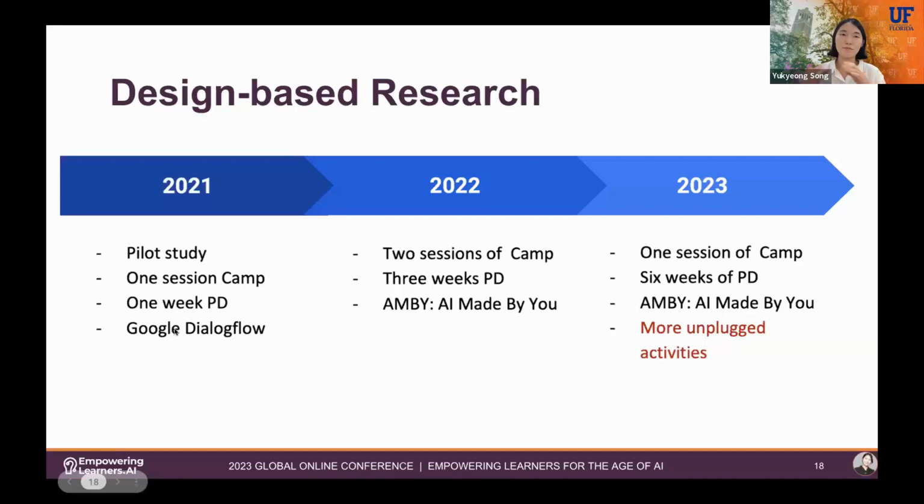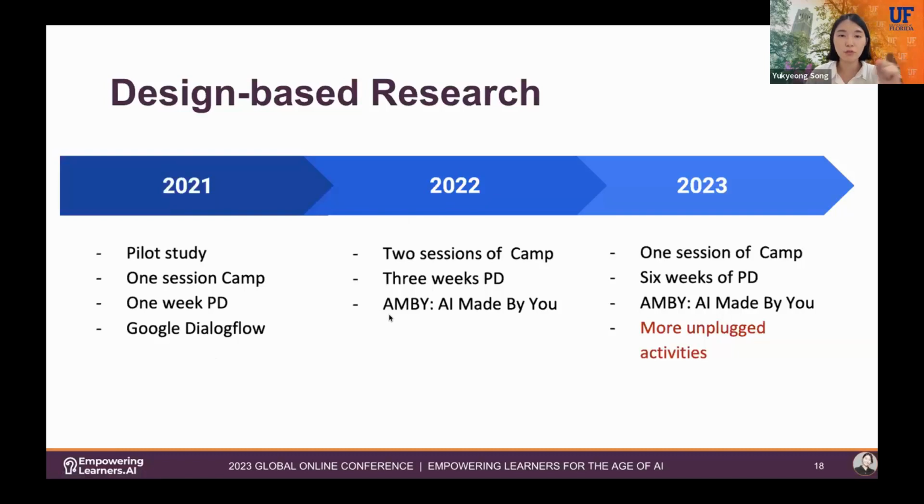This is a web-based service that usually adults, business owners, use to make their own chatbots for their business users, so they can integrate their chatbots for getting reservations for their hotel, something like that. We used Google Dialogflow in our first pilot study year because we hadn't developed our own educational technology. But as I said, it is for adult users, not for children, not for our middle school students.